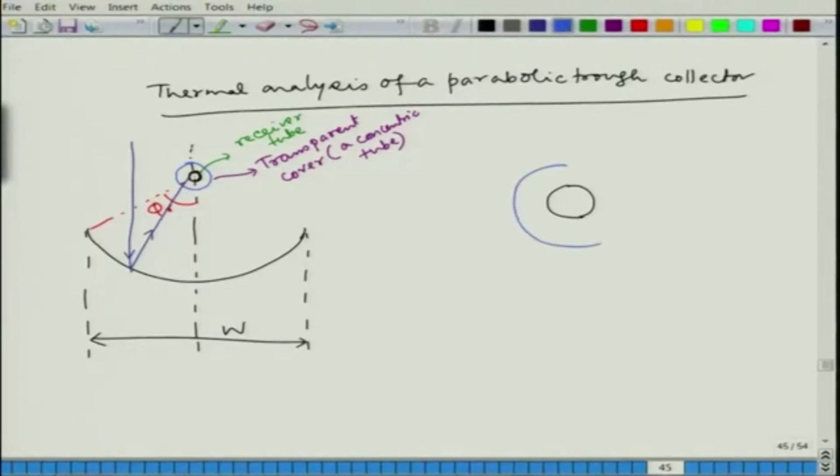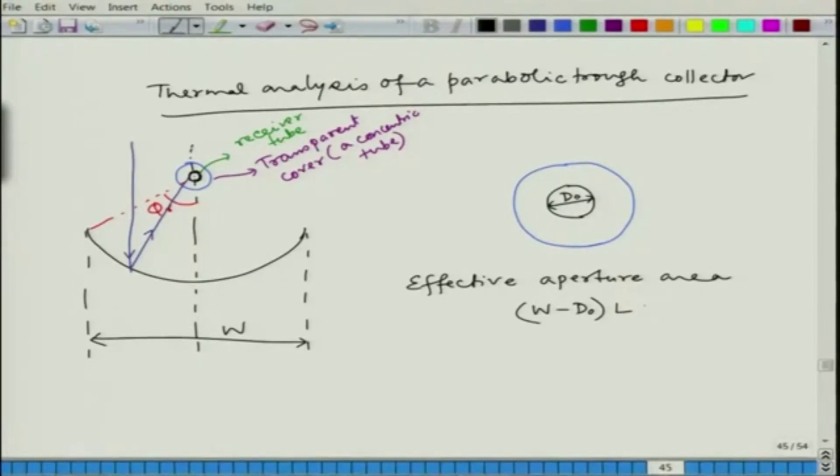Now, you can see that if we zoom this part, this is the tube and then this is the transparent cover, and let us say that the diameter of the receiver tube is d naught. Okay. Now, what we can say is that the effective aperture area is now W minus d naught multiplied by L, right, because d naught is this portion, it is opaque, right.